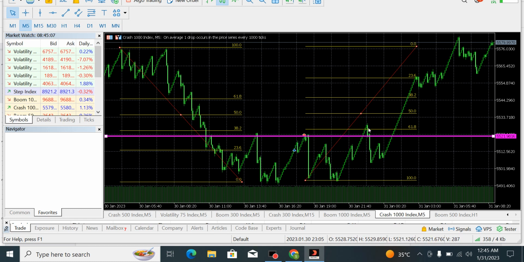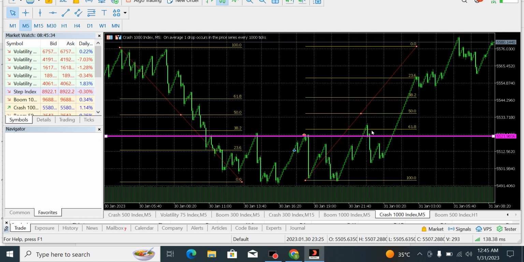Okay, you can see the Fibonacci, it actually got to 61.8, and just after the 61.8 it started crashing. So you can see that the Fibonacci is also taking note of the resistance zone. Okay, so that is how it has been designed automatically. But personally I love taking my profit just before it gets to the Fibonacci line.